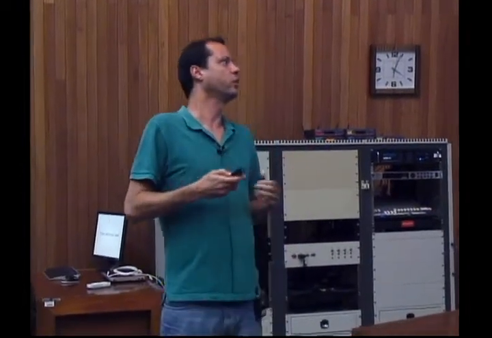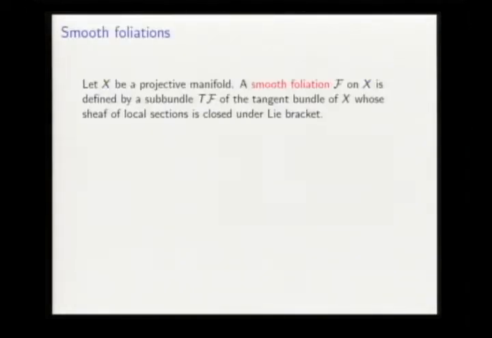You can see differential equations as a generalization of varieties. So after this quick introduction, let me try to be a little bit more precise about the objects that I want to discuss. So let me start by giving a definition of foliation.